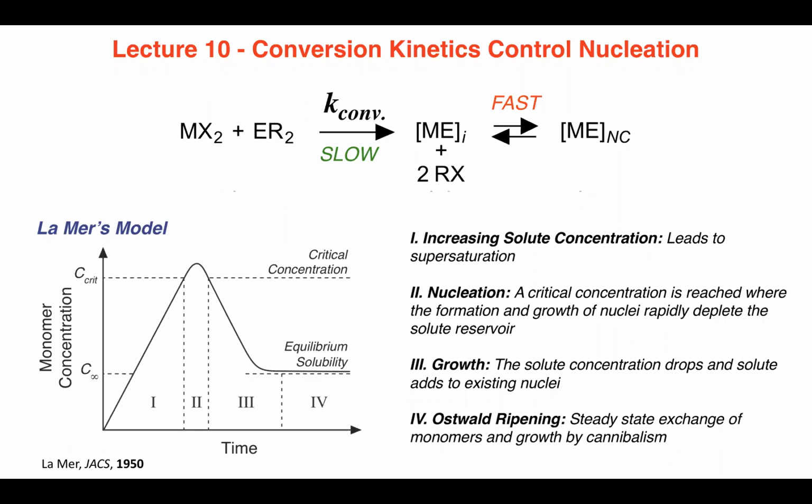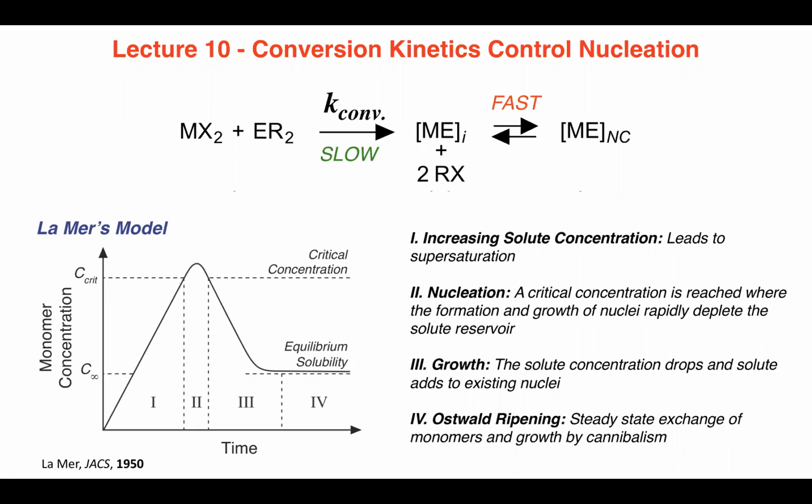But we're going to take a step away from that for a second and talk about some of my group's work on precursor conversion chemistry and how that's an important quantity. So we've talked about this before. The solute supply kinetics are really important. And there are different regimes.